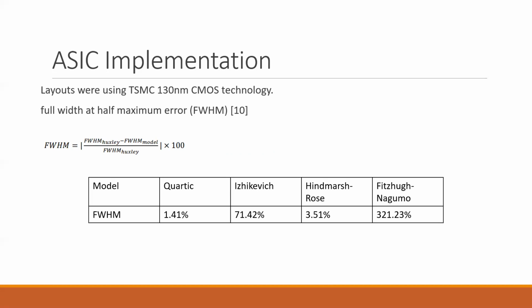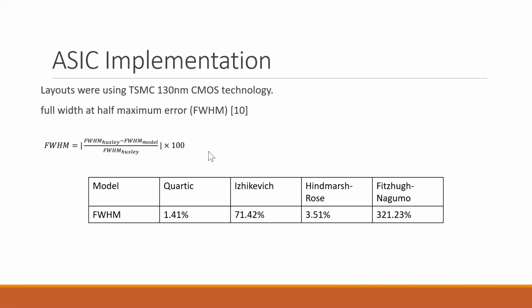The width of the spikes of the different models at halfway to the maximum is measured and compared to that of the Hodgkin-Huxley model. We take the difference in the spike widths at halfway potential, divide it by the Hodgkin-Huxley value, and take the percentage.